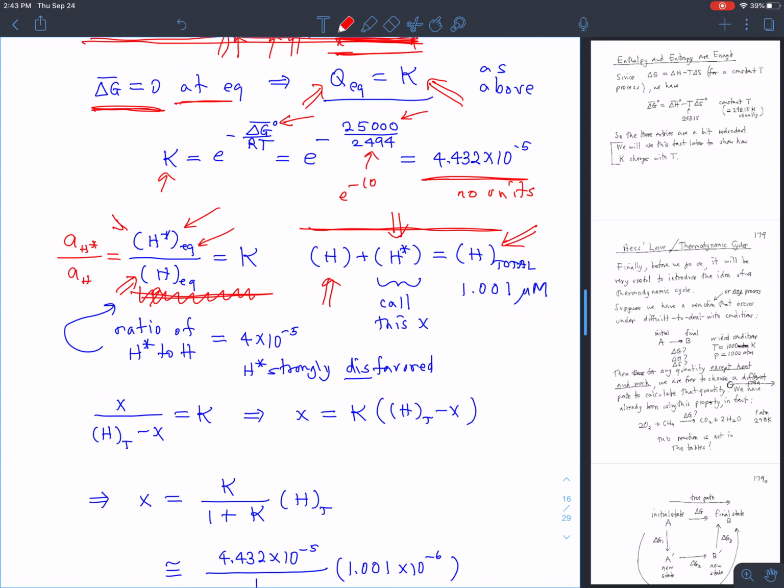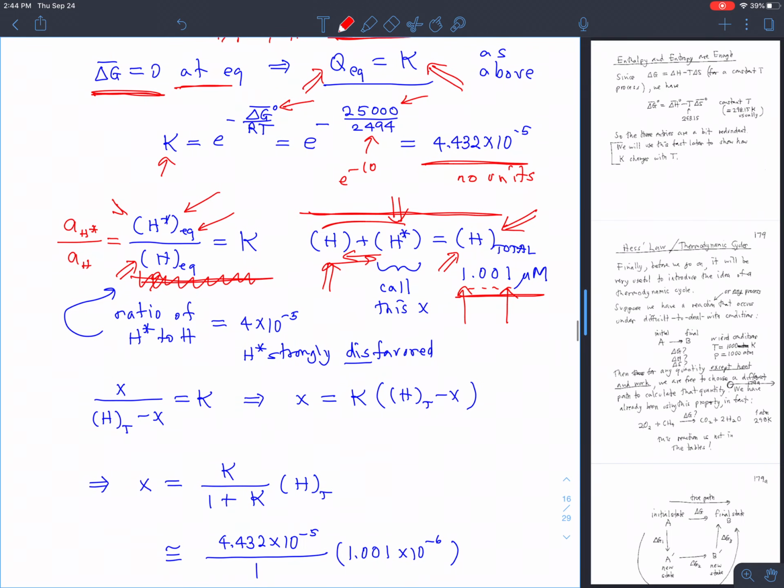And that total amount can't change. Even if I start converting closed to open and open to closed, I'm not changing the total amount of hexokinase in solution. We know what that total is: it's 1 micromolar plus 1 nanomolar, so that's 1.001 micromolar. That's the total, which can't change no matter how much I exchange between these two.